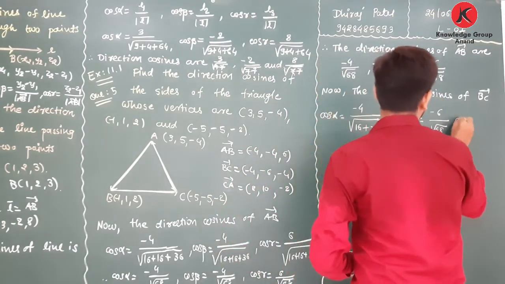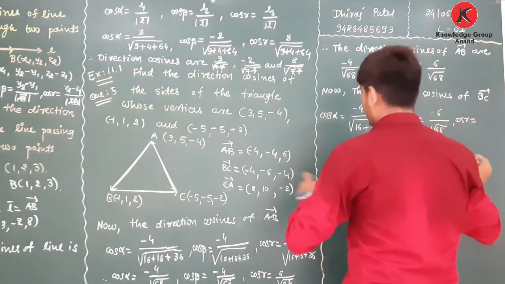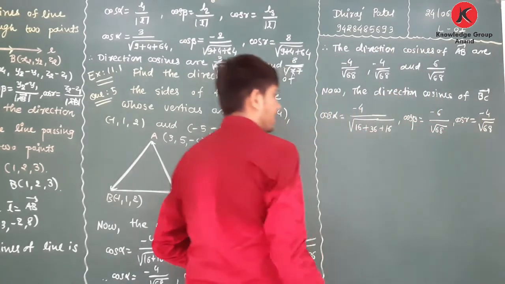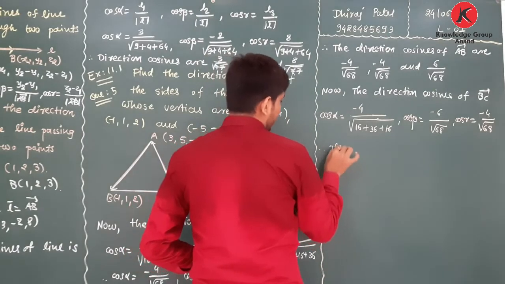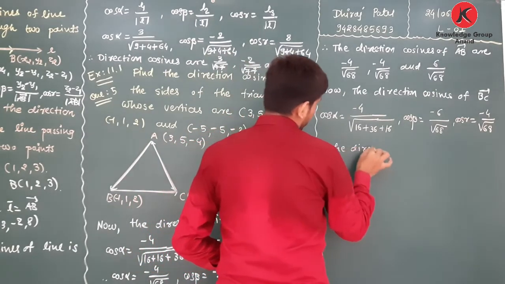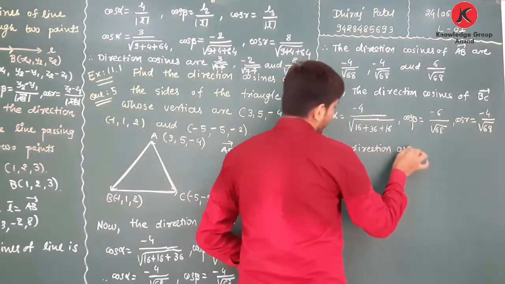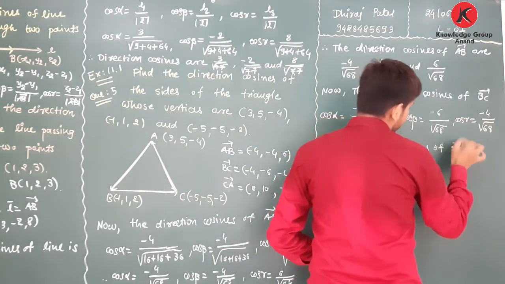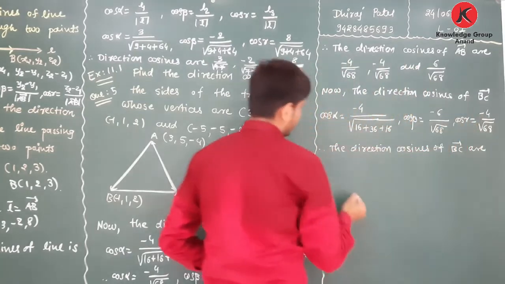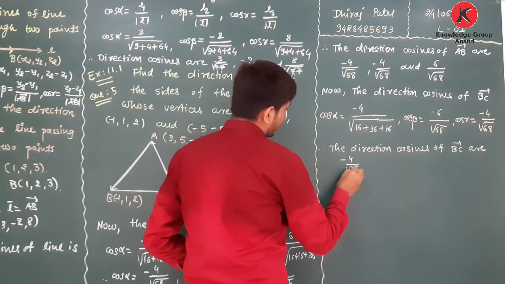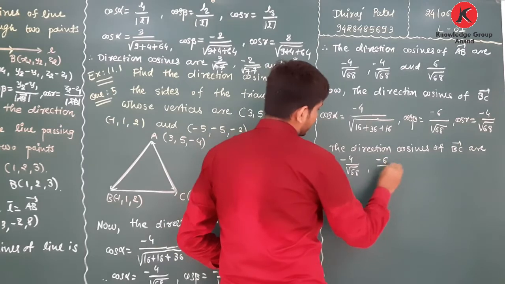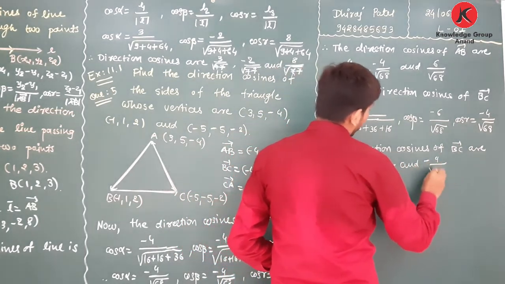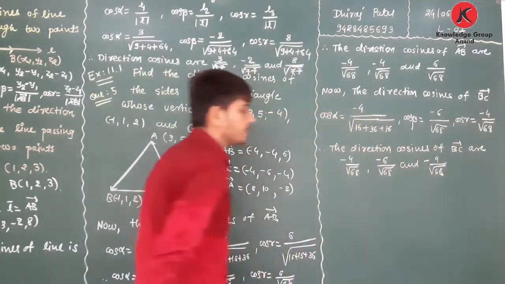Next cos gamma which is equals to minus 4 upon root 68. Okay, therefore the direction cosines of BC are, answer will be minus 4 upon root 68, minus 6 upon root 68 and minus 4 divided by root 68.